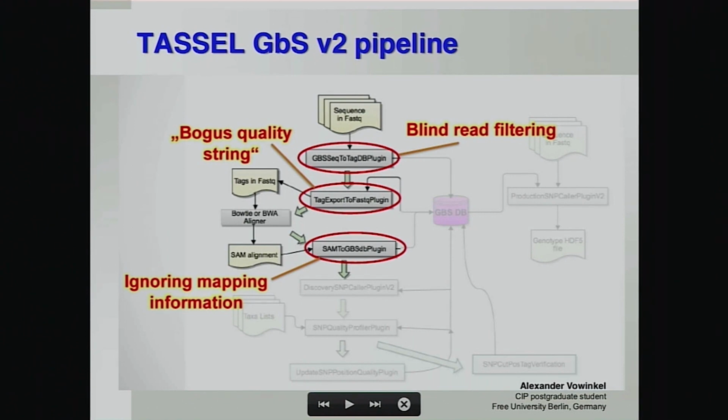But then they realized that TASSEL had at least three problems. First of all, blind read filtering. What does that mean? Remember that I said the sequences of the pieces we were talking about can be maybe 400 base pairs, but TASSEL only used the first 100 base pairs, okay?